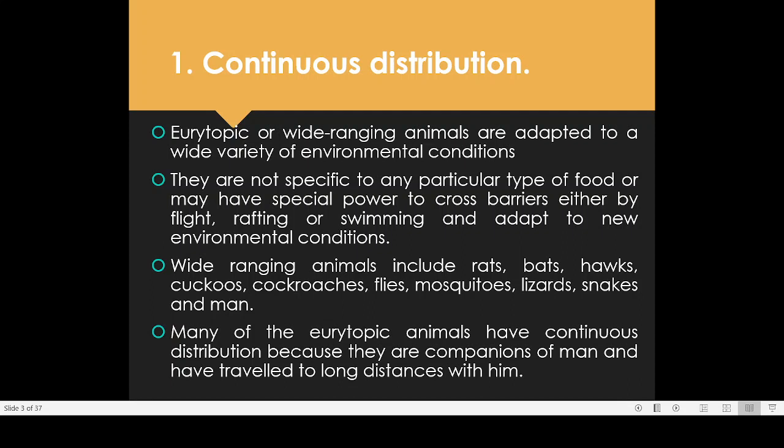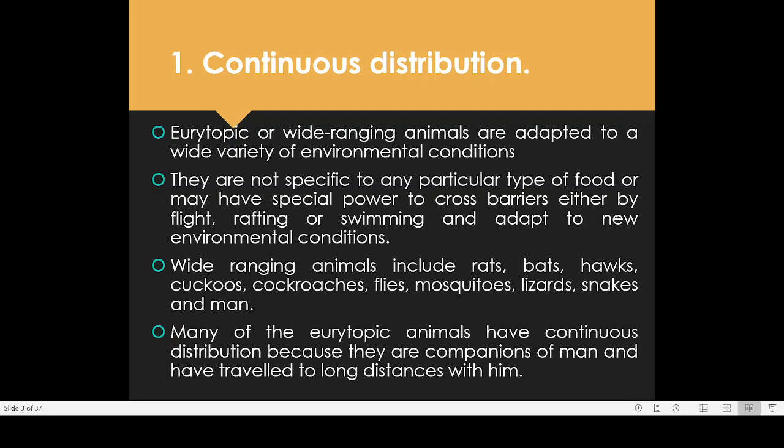Such animals can easily migrate into an area called island. It can easily migrate and occupy an island. So such animals which have a better adaptation either in terms of swimming or in terms of flight ability can move from one area to another area easily. So that is another peculiarity of the cosmopolitan animals. Cosmopolitan animals do not have any preference for any particular type of food.